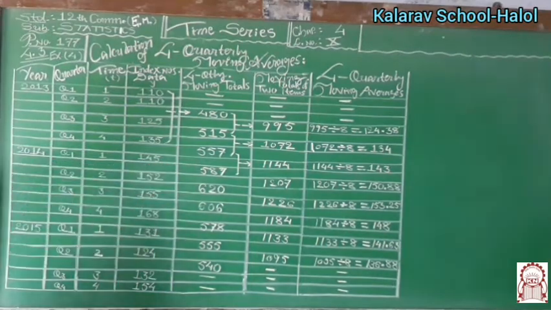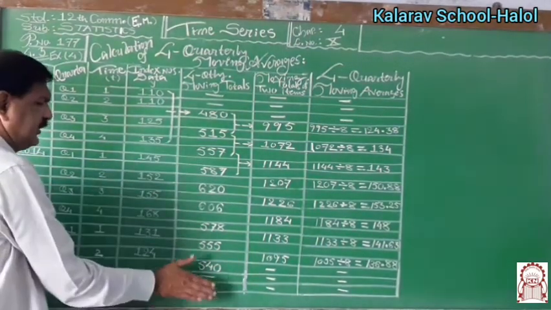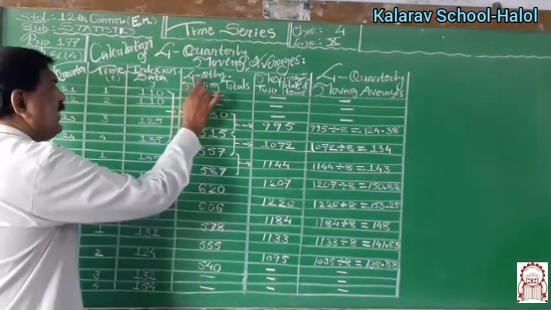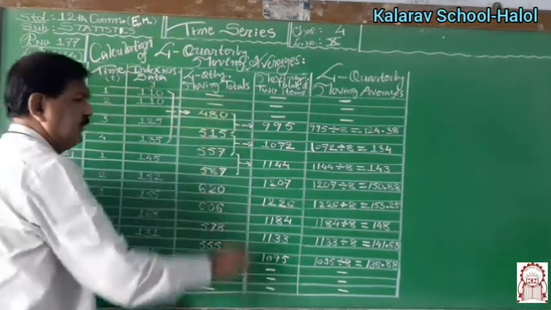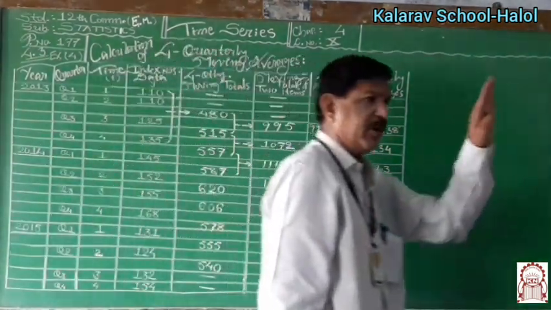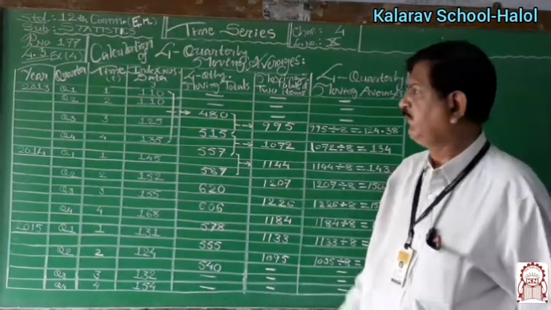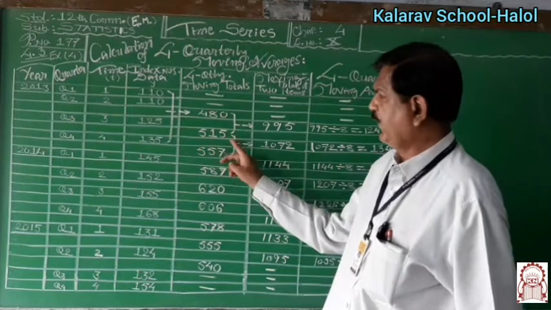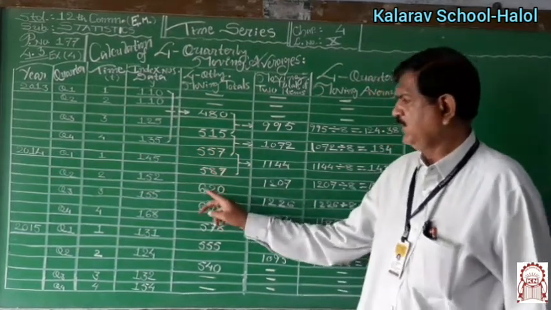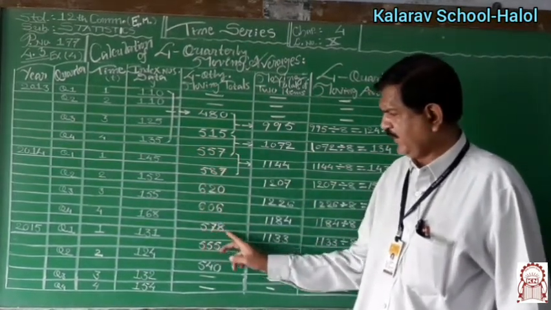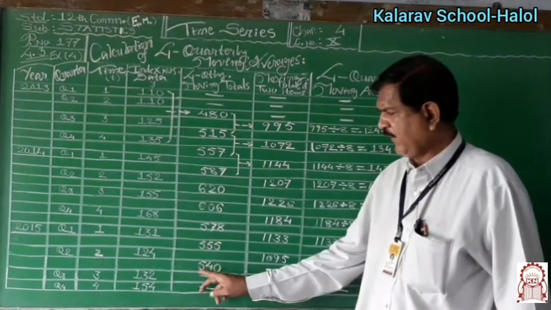After making these totals, they are known as 4 quarterly moving totals, meaning total for 4 quarters: 480, 515, 557, 587, 620, 606, 578, 555, 540.